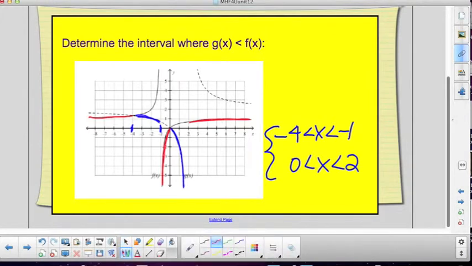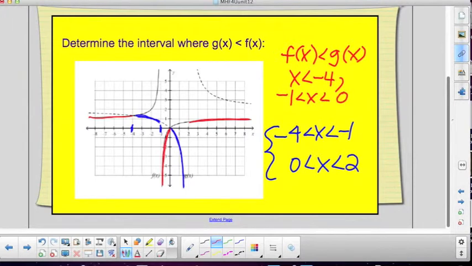when f of x is less than g of x, my f of x I've highlighted in red, whenever x is less than -4, this happens. Then again, between -1 and 0, so when x is in between -1 and 0, and then again when x is greater than +2.